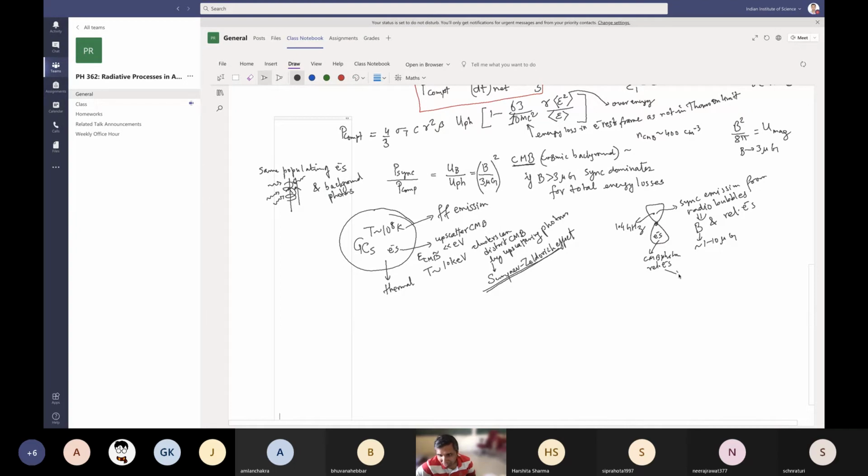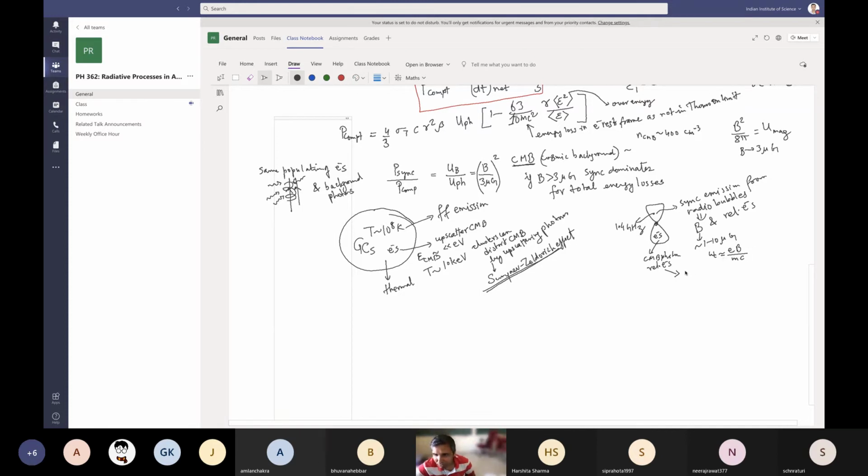So here, say the magnetic field is 10 microgauss. So eB/mc, this is omega cyclotron. If you plug this in you can get it, but this is actually quite small.